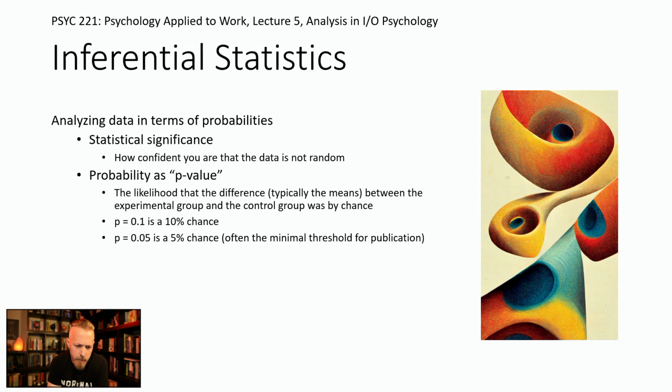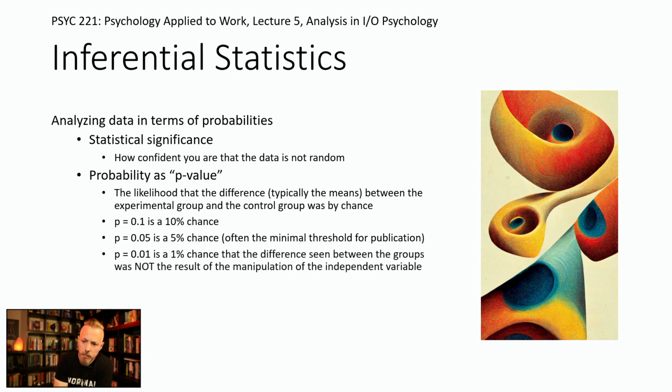Now you want to have better than 0.05, and so having something like a p-value of 0.01, which says there's a 1% chance, and sometimes you'll see a p-value of 0.001, or even better than that. 0.001 would be 1 in 1,000 that this is by chance.